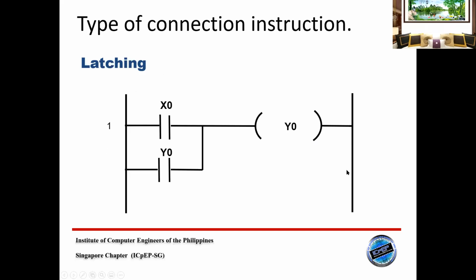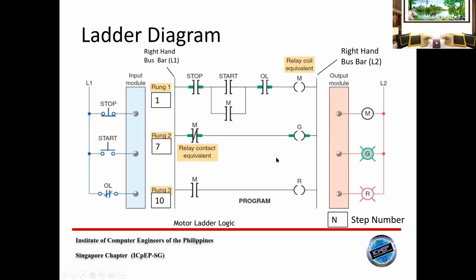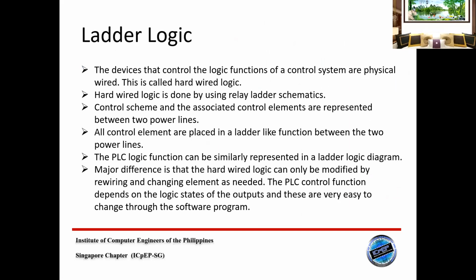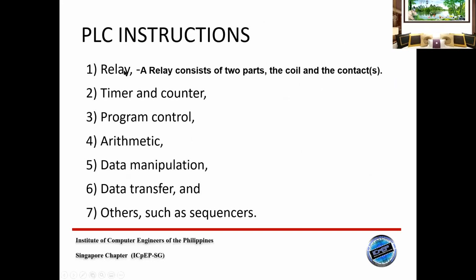If you can see this ladder, it is a latching circuit. We have load X0, and then you already have the coil Y0, which is the output. And then you contact this, or you put it as an OR to your X0. So this one is the coil, and this one is the contact. Remember, relay consists of two parts, the coil and then the contacts.